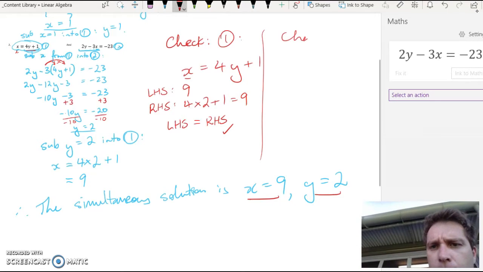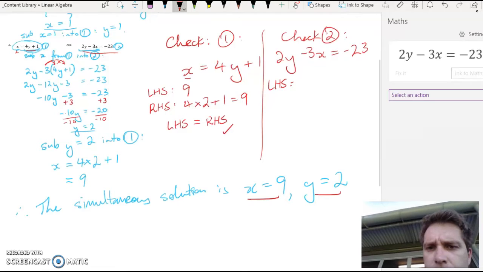Let's check equation 2. Well, let's look what we've got on the left-hand side. On the left-hand side is 2 times by y. How about I show you what the equation is? The equation 2 is this one here. 2y minus 3x equals negative 23. Well, the left-hand side, we've got 2 times by y, which is 2.